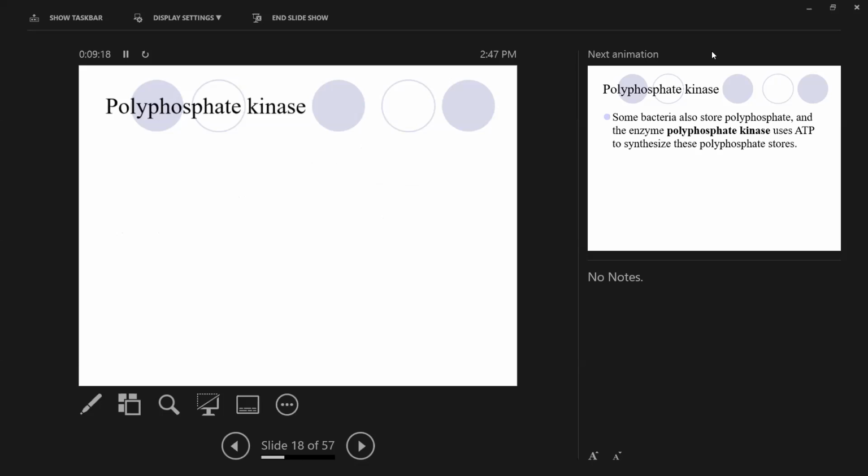And if that wasn't strange enough, some bacteria store little bodies called volutin bodies. What's a volutin body? A volutin body is polyphosphate. So it's a bunch of phosphate that's linked together with phosphoanhydride bonds.